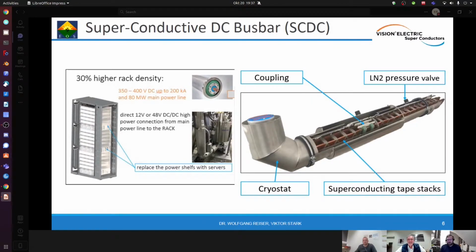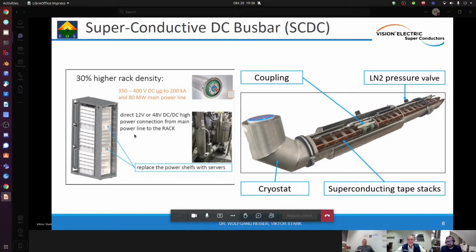Perfect, Victor. You want to explain what we see here? Yes. I already said that you can put more servers on the space. That's one thing. The other thing, if you think it from the beginning to the end, it also means that you have one line from power generation to the rack.